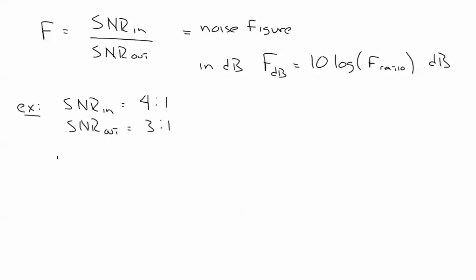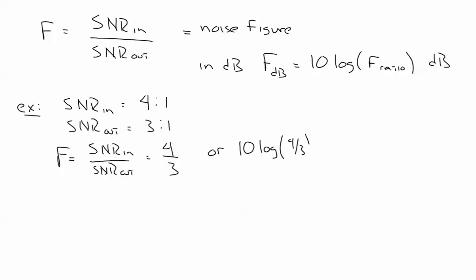My noise figure is then 4/3. In this case, if my signal-to-noise ratio at the input was 4:1 and my output signal-to-noise ratio was 3:1, my noise figure would be 1 1/3, or 1 1/4 dB. That's pretty good.